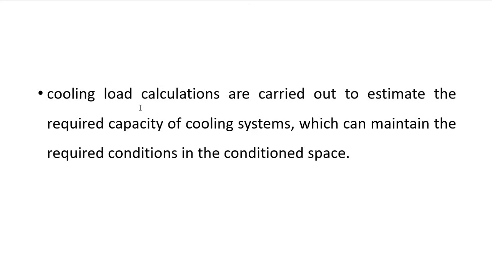So we have to reduce the temperature as well as the humidity. How much heat has to be absorbed from that space in order to maintain the required conditions inside the auditorium? For that we have to do the cooling load calculations.